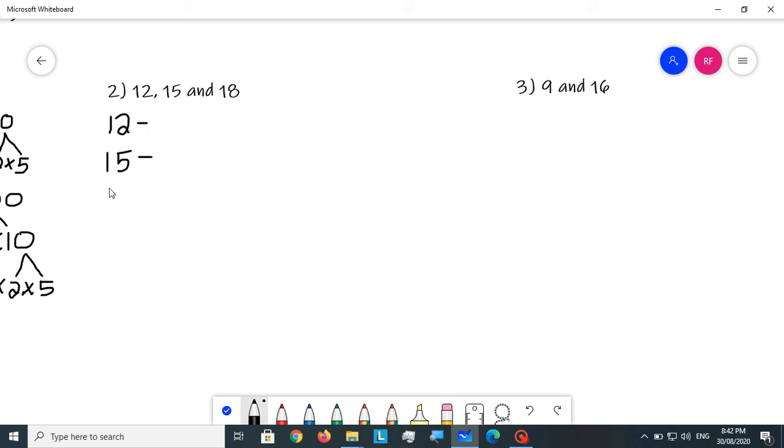Let us start with 12. Find two factors using the factor tree. You can also use the continuous division method here. So 12 would be 3 times 4, or you can use, of course, 2 times 6.